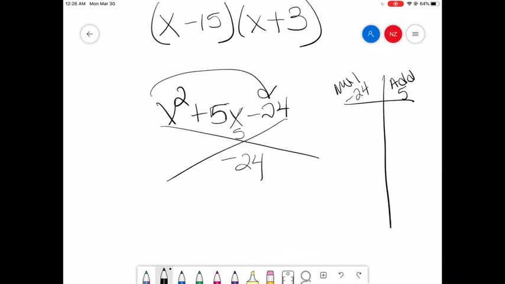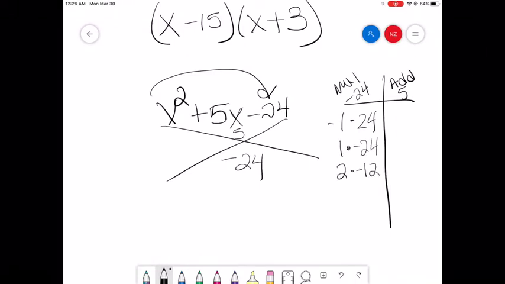That would be 1 times 24 and the reversal of that. Then I have 2 times 12 and the reversal of that. Then I have 3 times 8 and the reversal of that. And if I keep going, I also have 4 times 6 and the reversal of that.